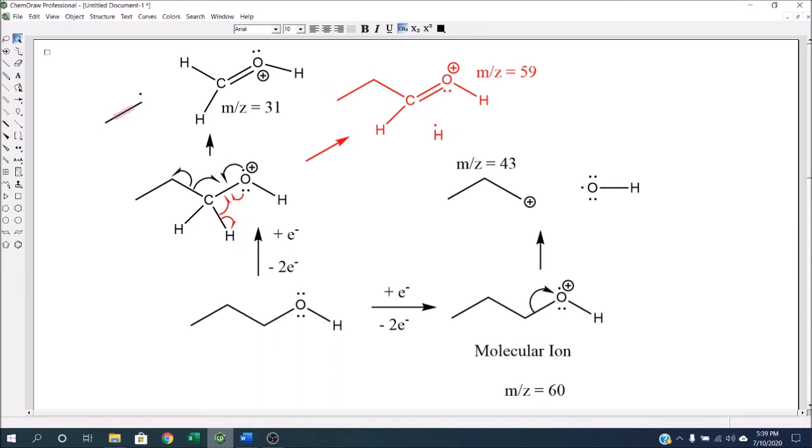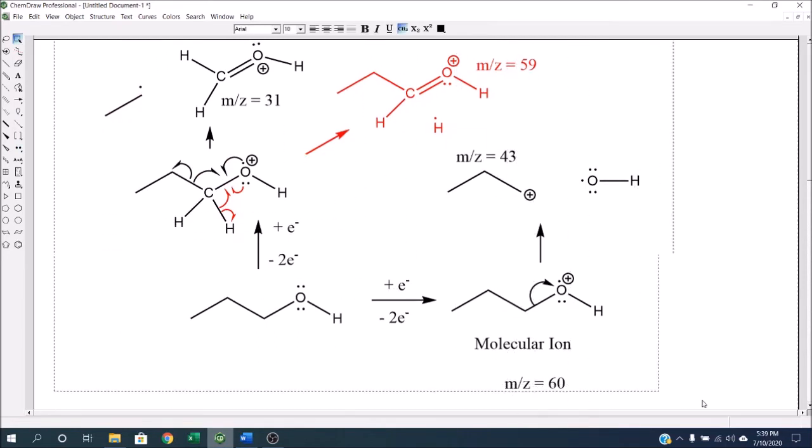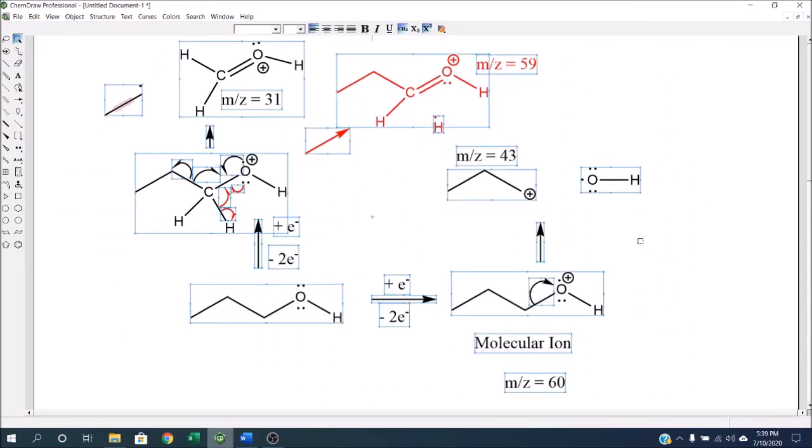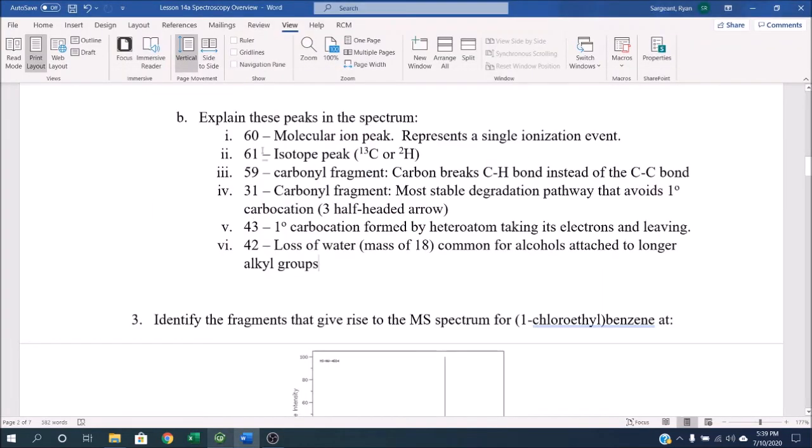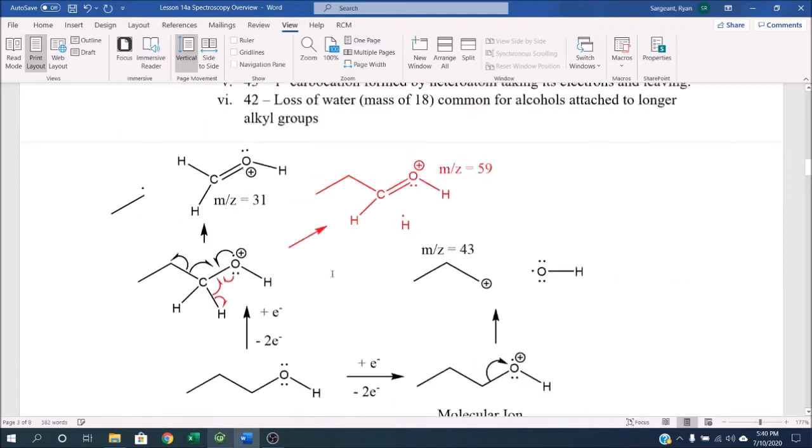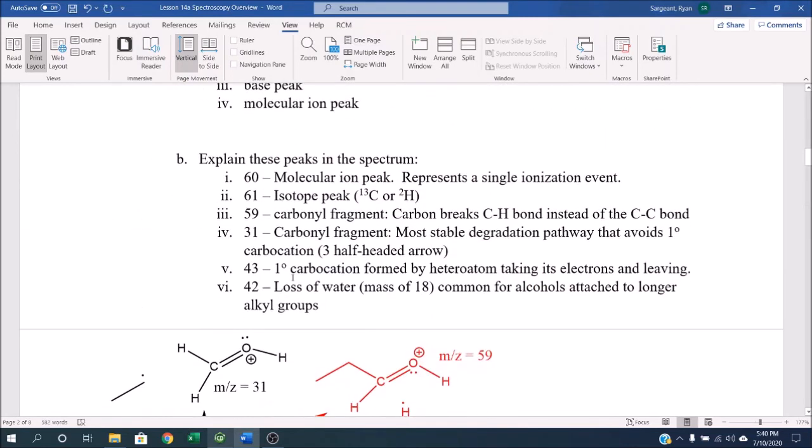So mechanistically, we can explain the 60, the 43, the 59, the 31. Theoretically, you should be able to explain the 61 as just being the isotope peak, and the 42 as something that occasionally alcohols will do, where they'll just lose a water which has a mass of 18. And so if you subtract 18 from 60, that's how we got that 42 right there.